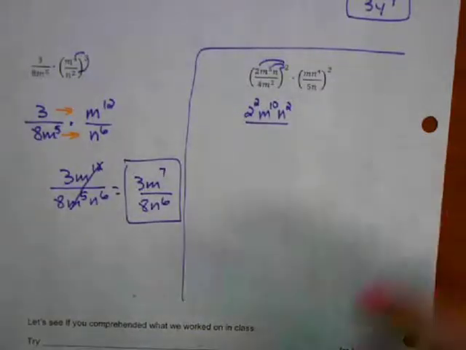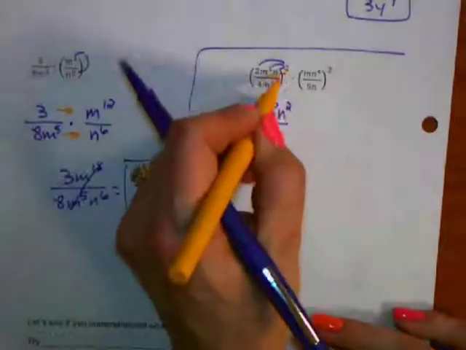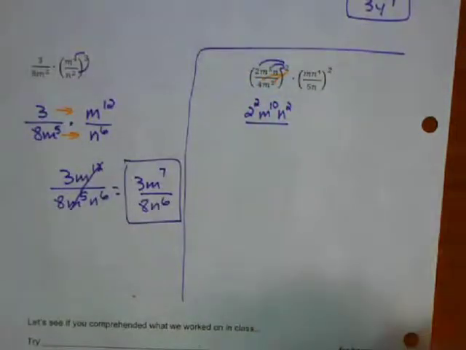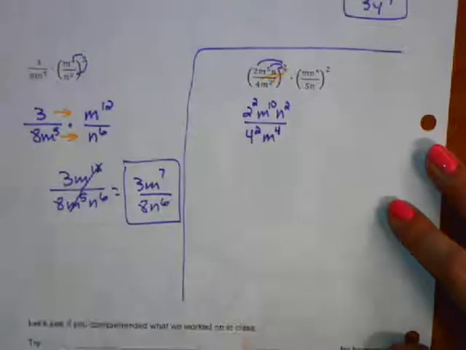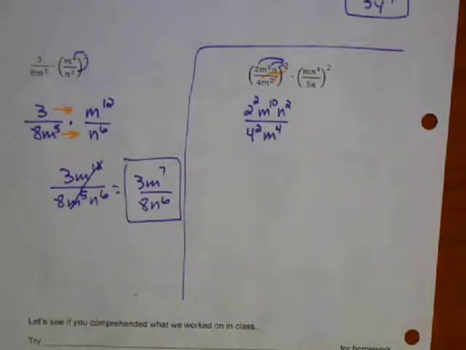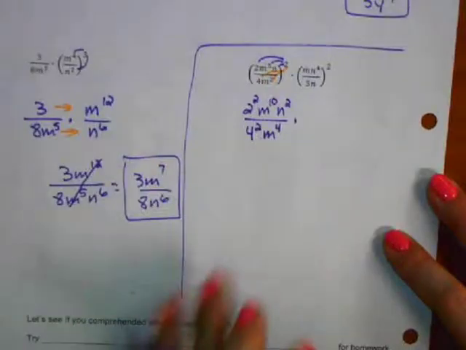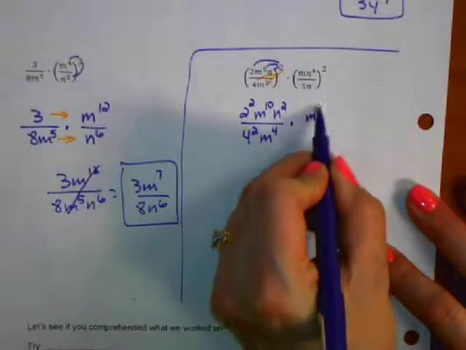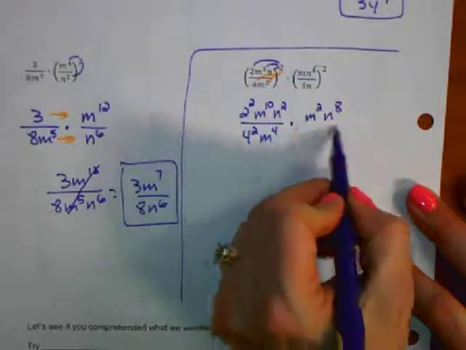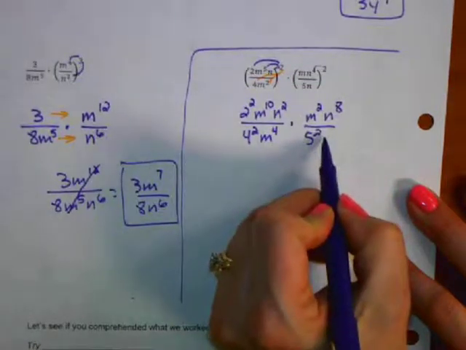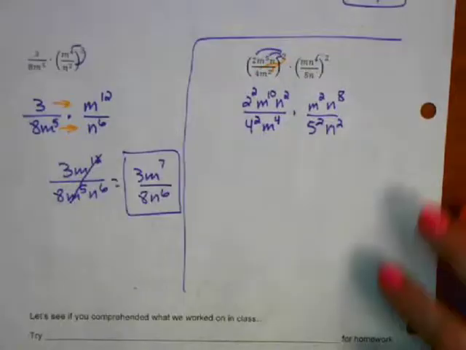The 2 has to go on everything on the bottom as well. So on the bottom, I'm going to have 4 squared m to the 4th. So I took that 2 and distributed it to everything. You do the same thing with this fraction. M squared n to the 8th, 2 times 4, over 5 squared n squared.